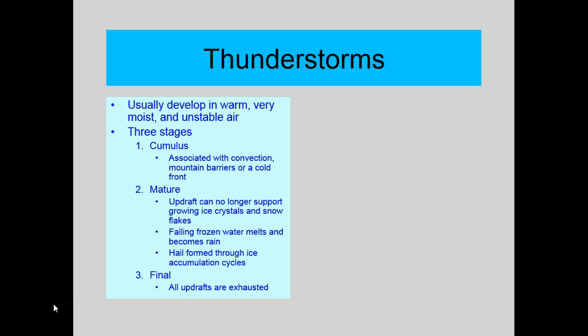Low pressure, convection, warm, moist air rising. Now, this could be associated with convection, mountain barriers, cold front, whatever is creating the change. Remember, violent because of a change of conditions.